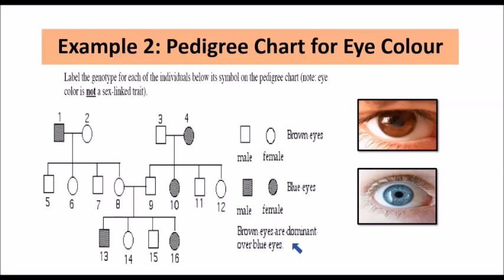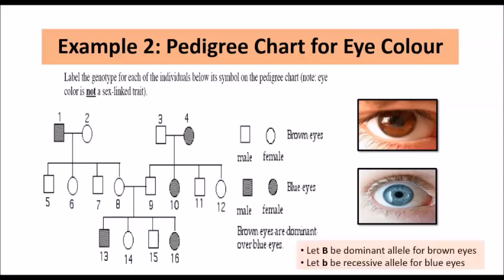And then it says at the bottom that brown eyes are dominant over blue eyes. So that is some important information there. So there are going to be more brown-eyed individuals in the family compared to blue-eyed individuals.